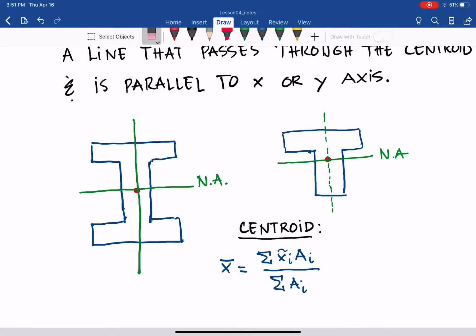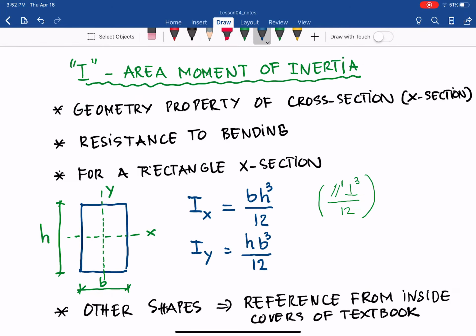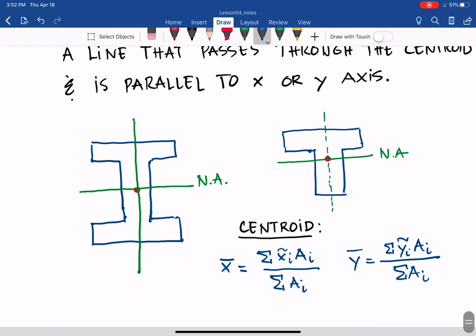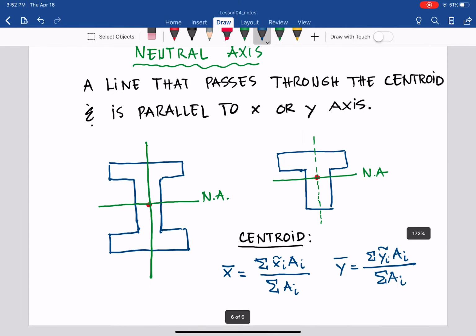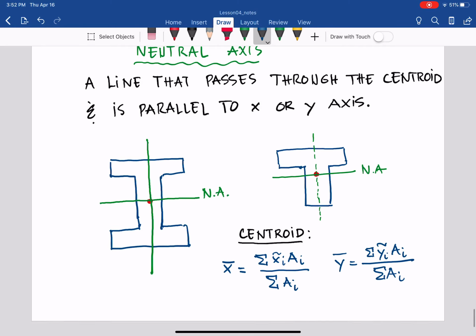And then y bar equals sigma y_i for each standard shape times the area of the standard shape, divided by the total area of the composite shape. That is the one we studied in statics and dynamics.